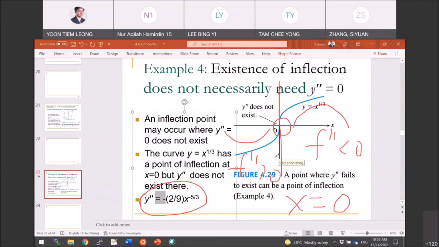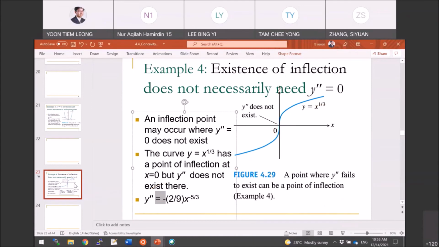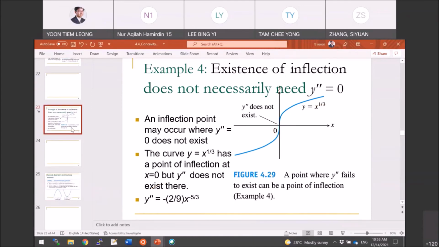So this is an example of how to calculate the inflection point. Calculating an inflection point is sort of straightforward to me.